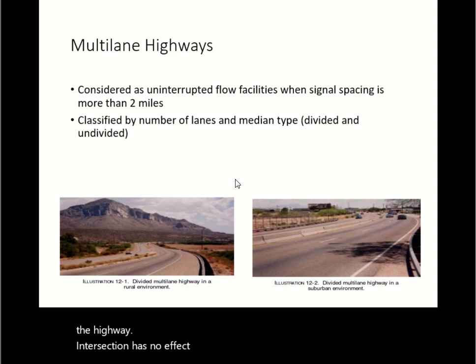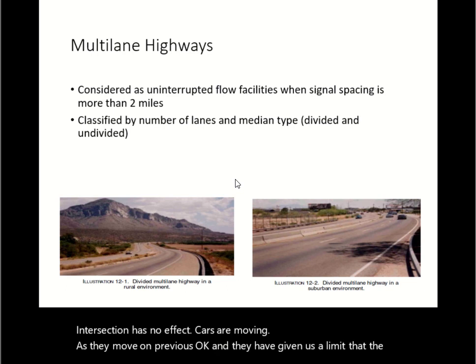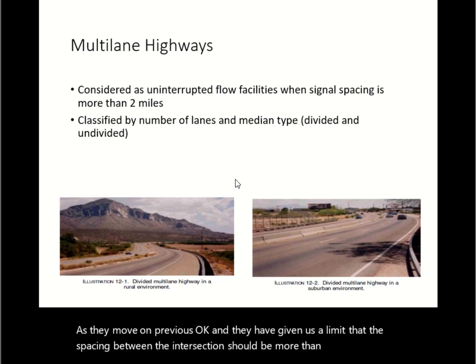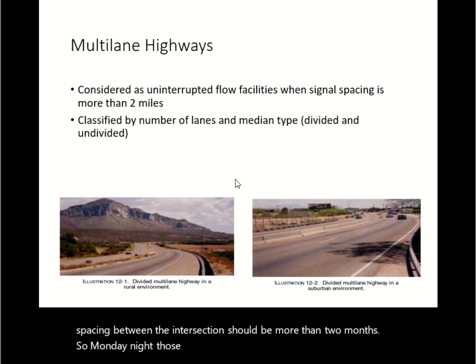Cars are moving as they move on freeways. And they have given us a limit that the spacing between the intersections should be more than 2 miles. So multi-lane highways are those highways which have intersections with a spacing of more than 2 miles.